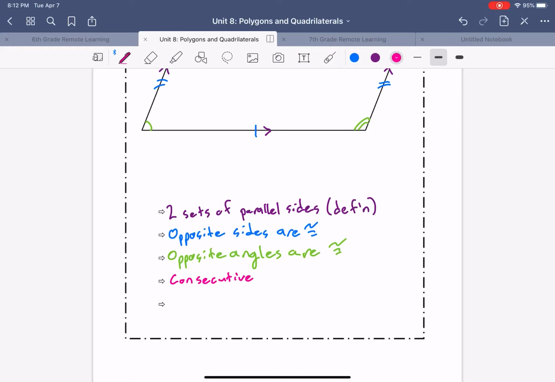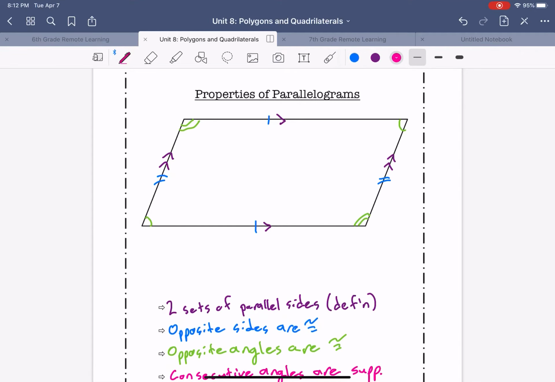The next is that consecutive angles are supplementary. So if we name this parallelogram TOAD, then the measure of angle T added to the measure of angle O gives us 180 degrees.